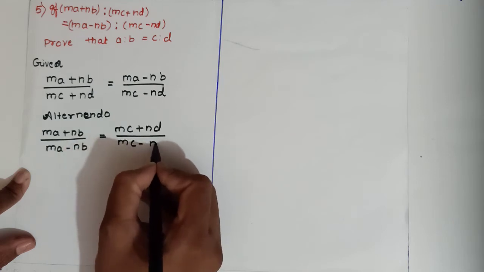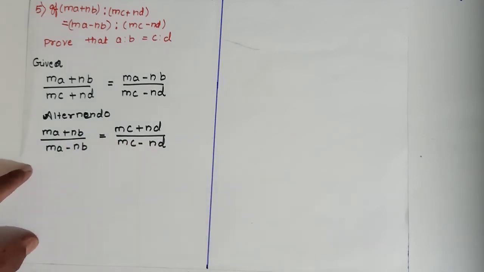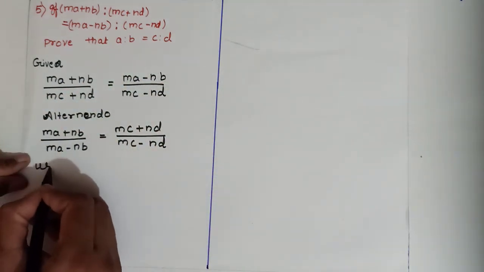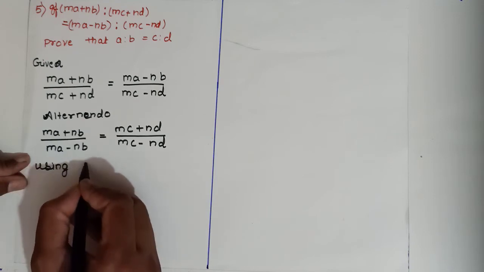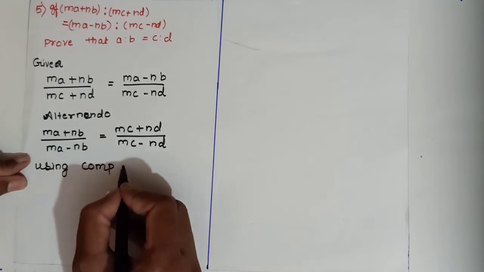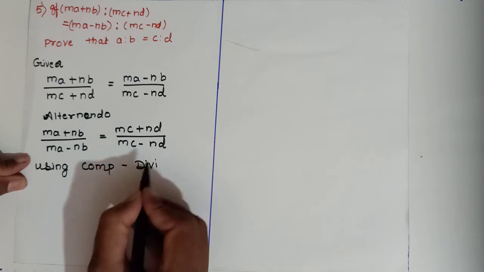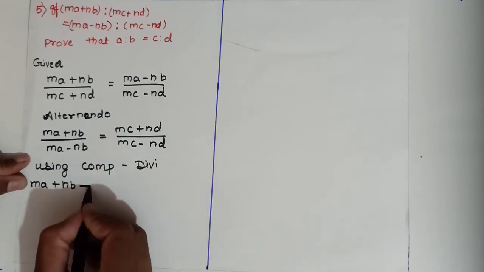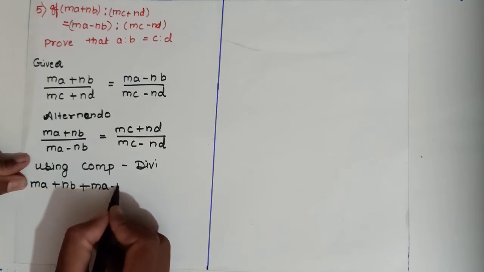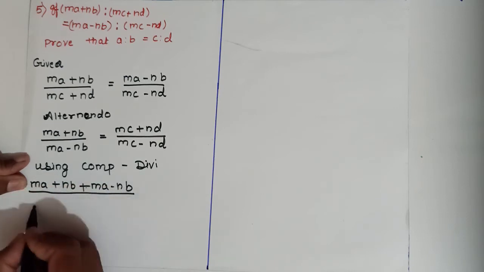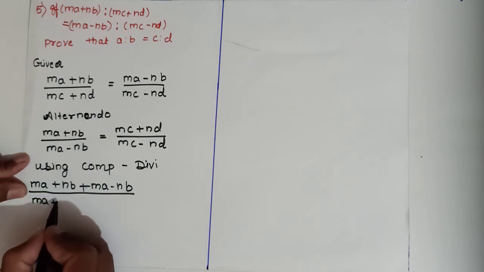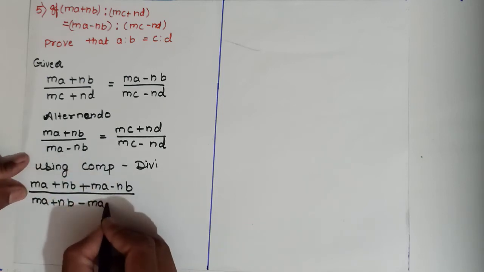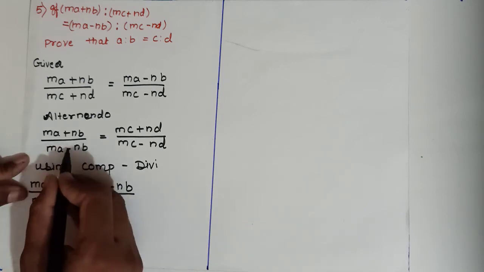Now after this, plus and minus are there, so again apply the componendo dividendo property. So this will become (ma + nb + ma − nb) divided by (ma + nb − ma + nb). I am doing it directly so that you can understand it, and minus minus will become plus.